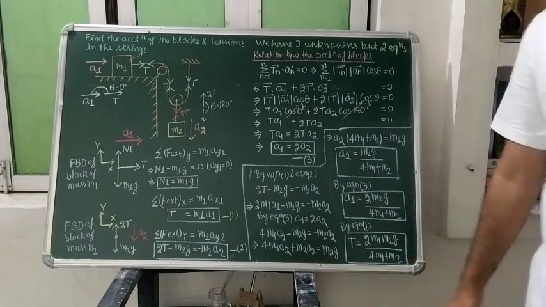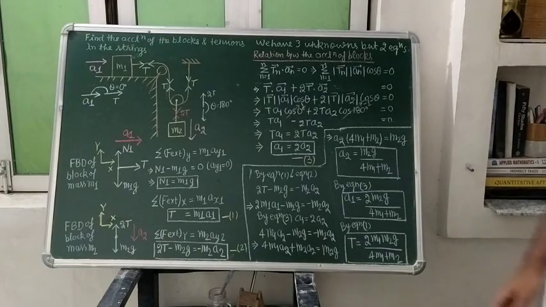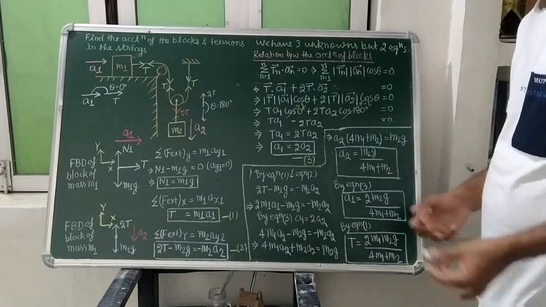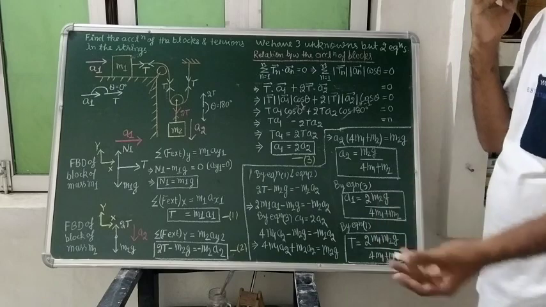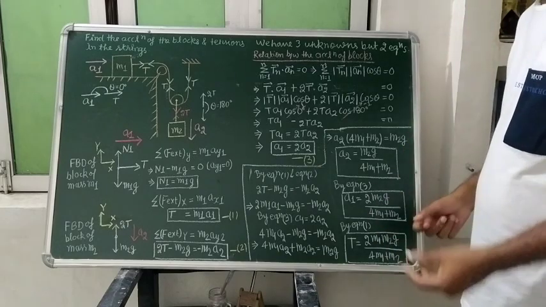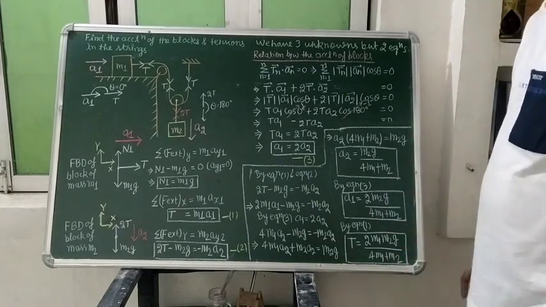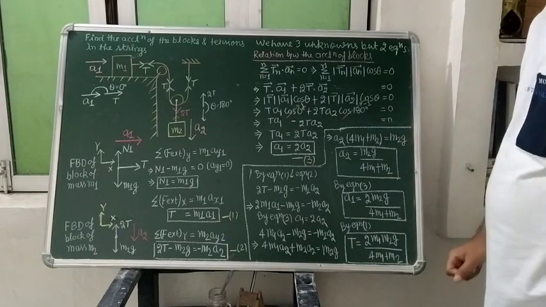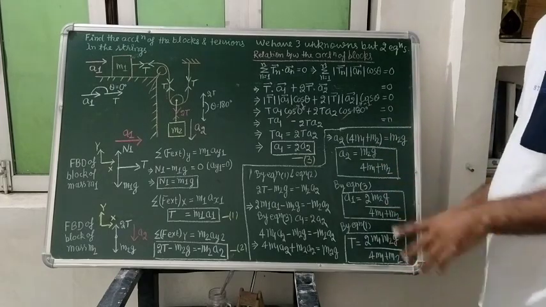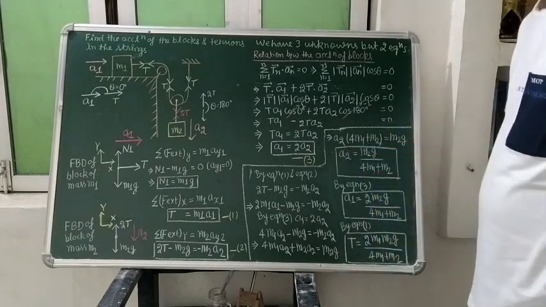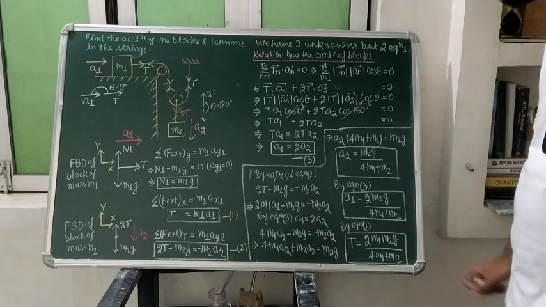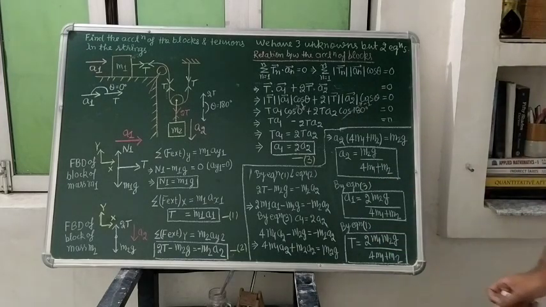Okay, so write it up. Those who are facing a visibility problem now, go to the 480 pixel setting. You can change the pixel. At that time, you can take a screenshot and write the things. Okay, for a moment. You can write it.